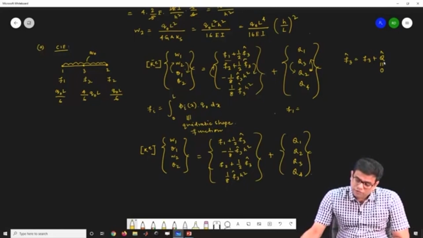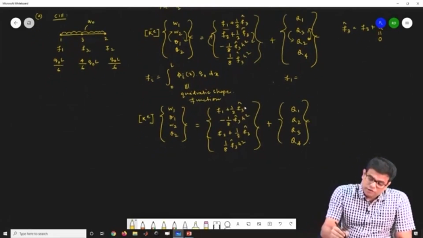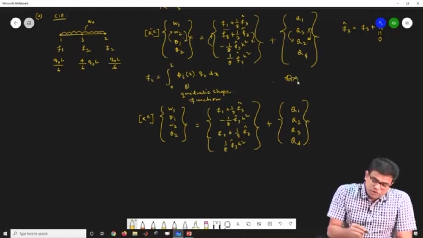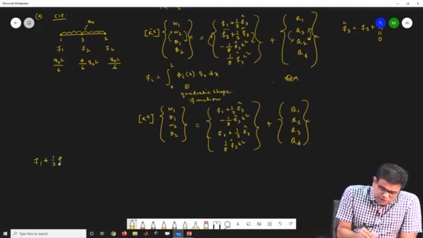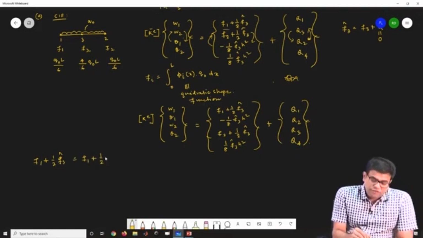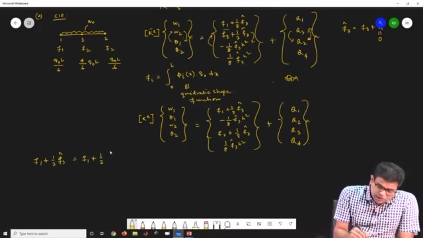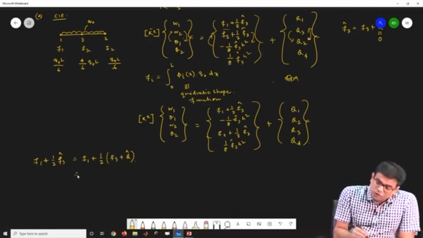Now the first element in the force vector we can compute. That is, f1 is essentially f1 plus half of f3 hat, which is f1 plus half of f3. So f3 is this equation, f3 plus q hat, and q hat is 0.